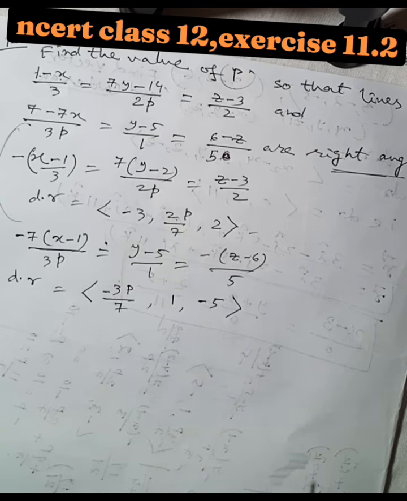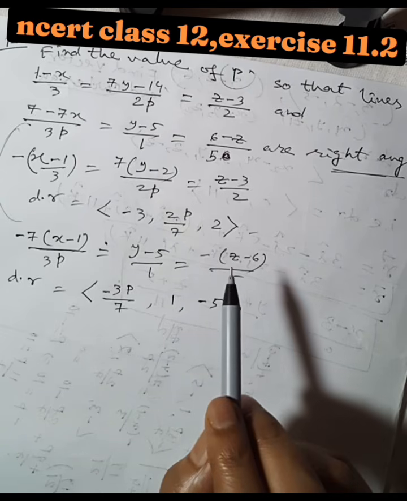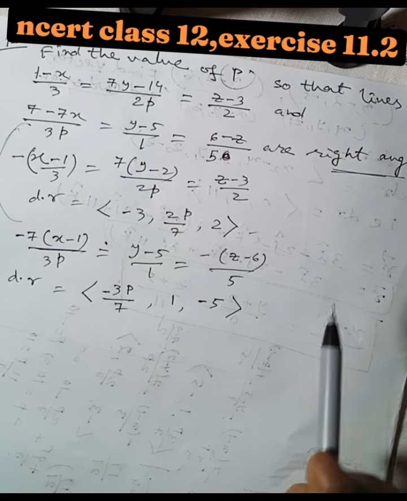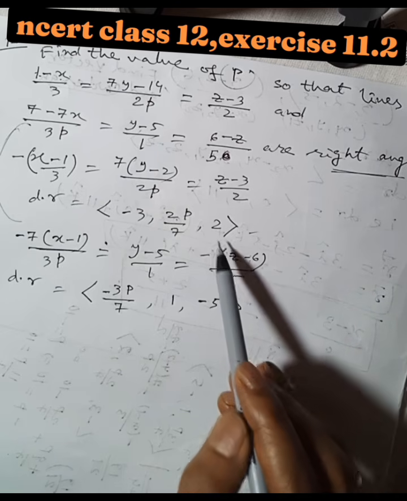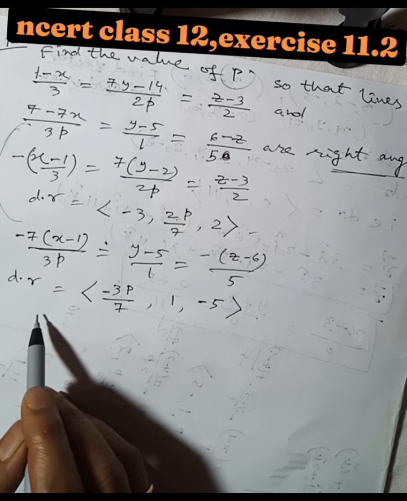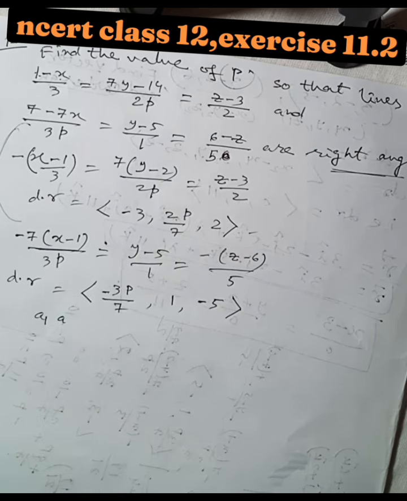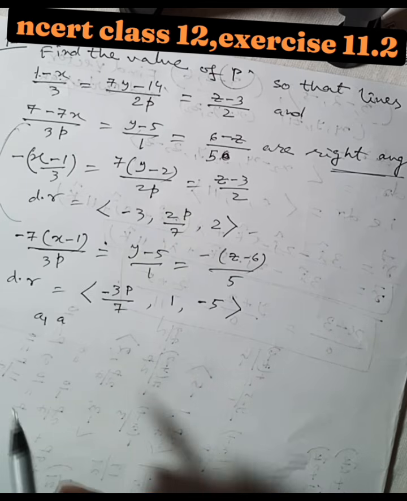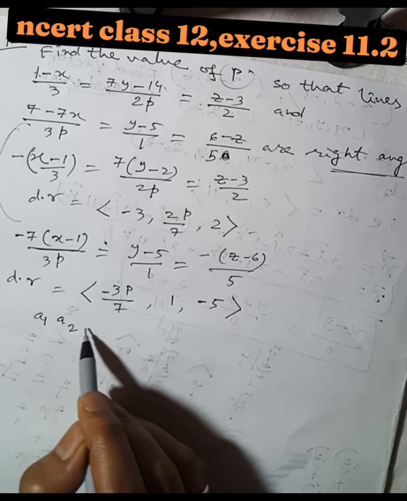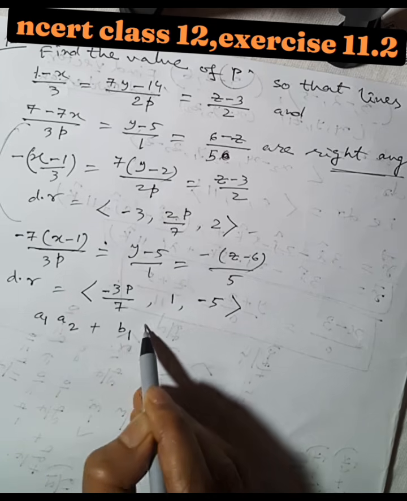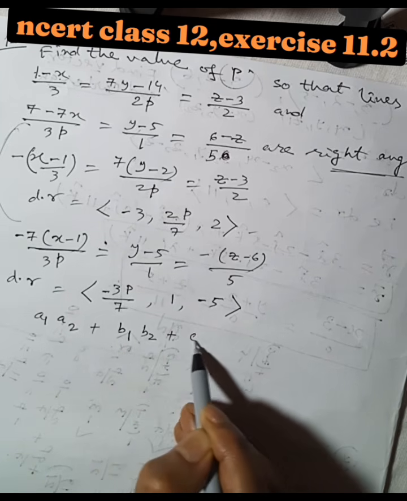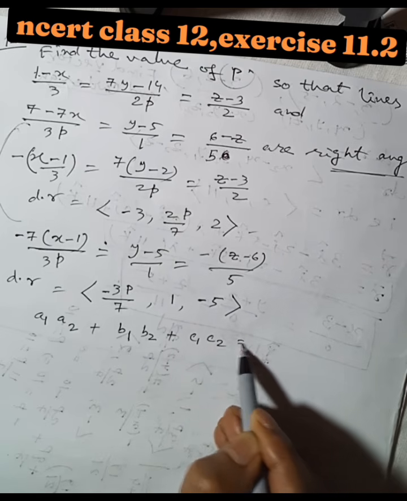Now we know that if two lines are perpendicular, then the sum of the products of their direction ratios is 0. If a1, b1, c1 and a2, b2, c2 are the direction ratios of the given lines respectively, then a1 a2 plus b1 b2 plus c1 c2 is 0.